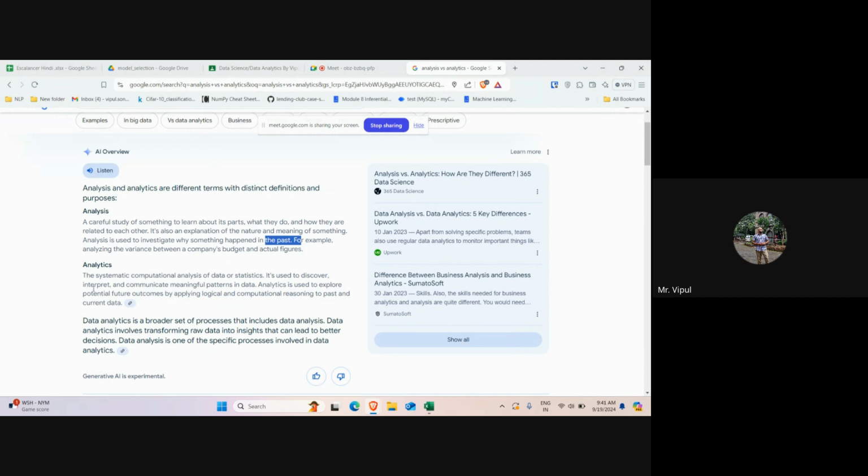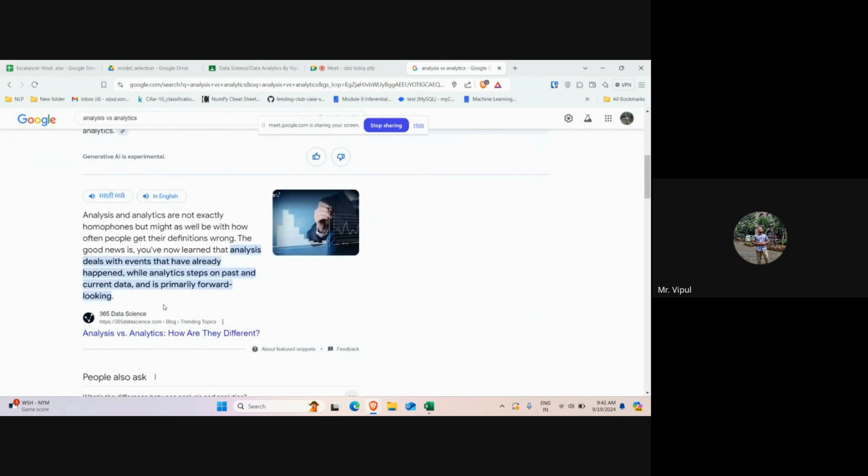It is used to discover, interpret, and communicate meaningful patterns in the data. Analytics is used to explore potential future outcomes by applying logical and computational reasoning to past and current data. So analysis is done on past data, but analytics explores potential future outcomes. Is it clear now? Yes. Analysis deals with events that have already happened, while analytics takes on past and current data and is primarily forward-looking.